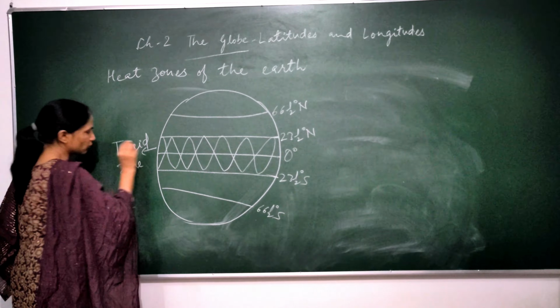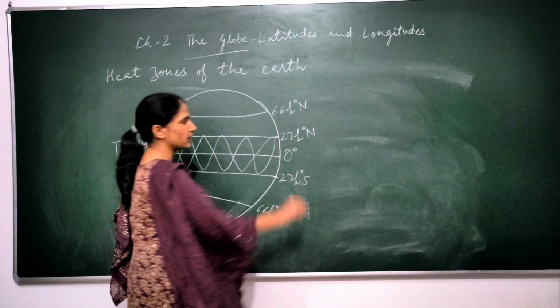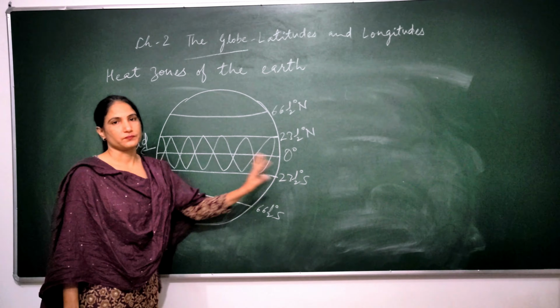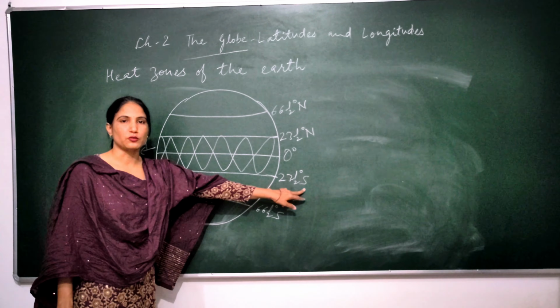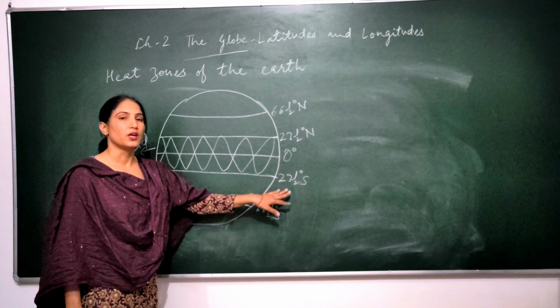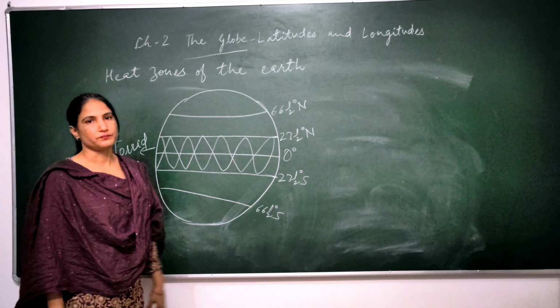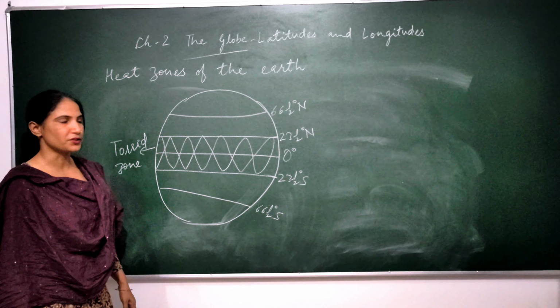So the first heat zone of the earth is the torrid zone. It is located from 23.5 degrees south to 23.5 degrees north, between these two important latitudes. The equator passes through the middle of this torrid zone.